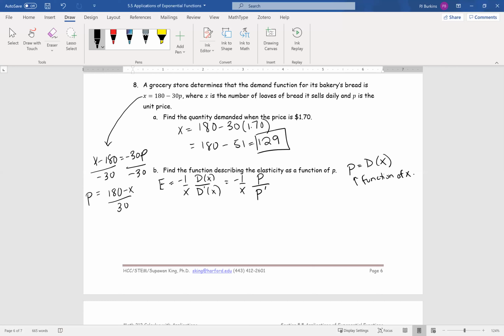So if we want the derivative of p, or p prime, well, that 180 over 30 term goes away. But if we really want, we could rewrite p here as 6 minus x over 30. And so p prime, the first term is a constant, and the second we would just get minus 1 over 30.